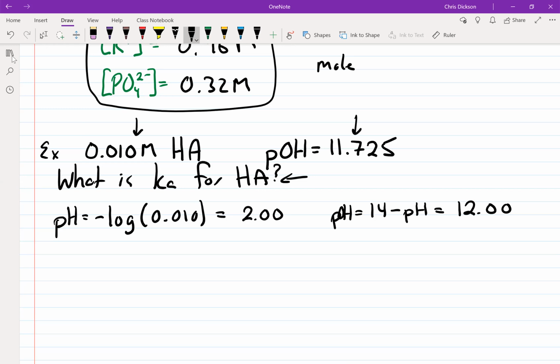So it's close, but it's not right there. So this must be a pretty strong acid, but probably close to one of the stronger weak acids. But it can't be strong, because it should have been 12, and it's 11.75. So what I would probably do is an ice table here. So set up an ice table.